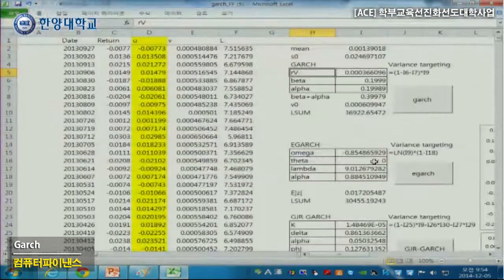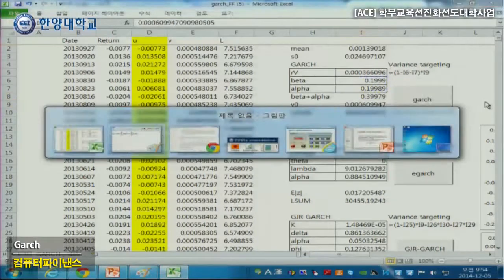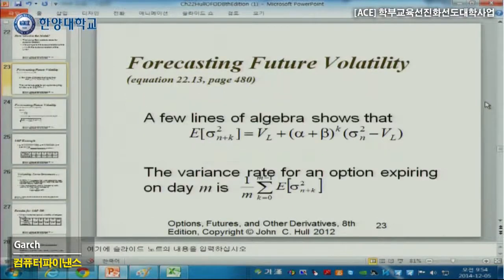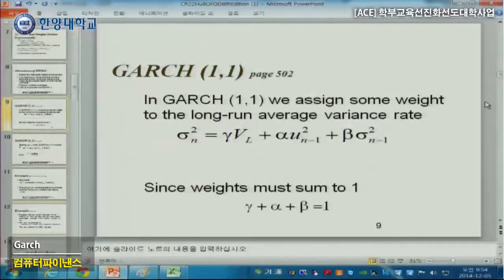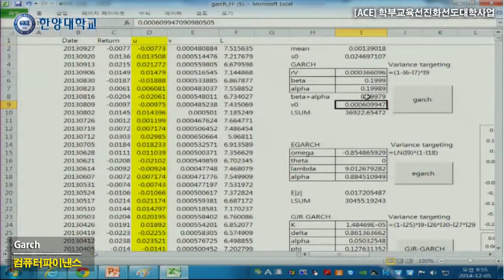Because this is a weighted average. In the Garch model, gamma, alpha and beta should sum to 1, which means that alpha plus beta should be less than 1. So I want to check whether this is less than 1.